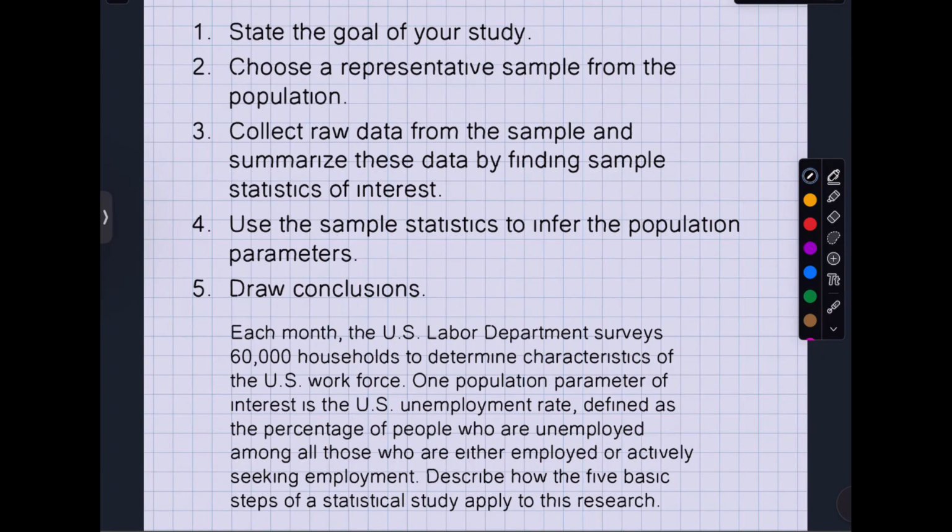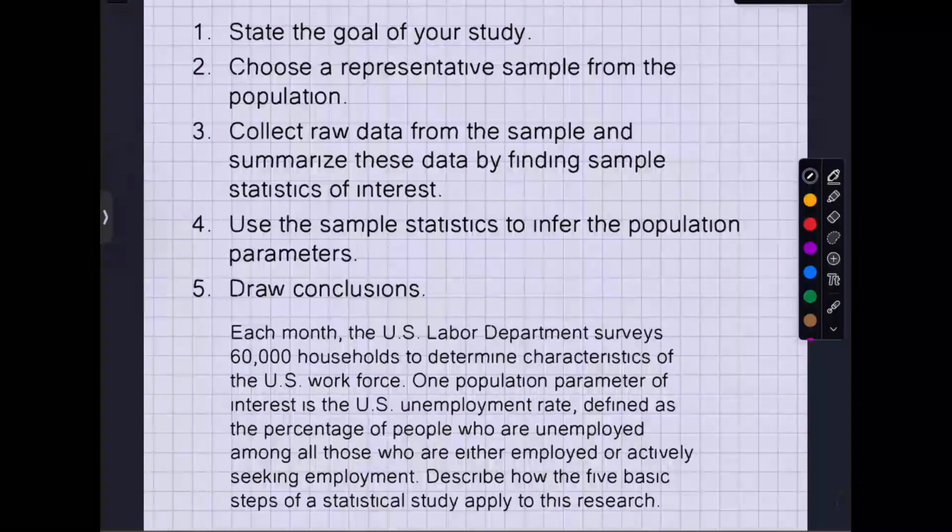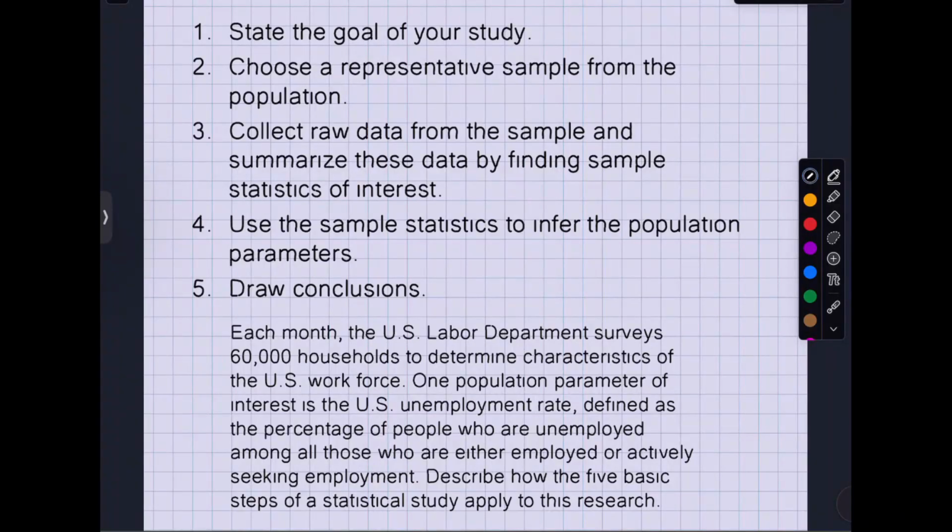So the raw data doesn't come from the questions, right?